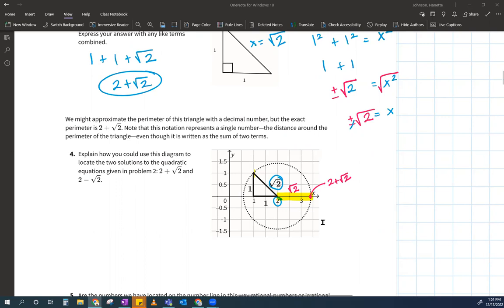Where's 2 minus root 2? If this is 2 plus root 2, where would I find 2 minus root 2? Yes, the left side of the circle. Very good. So this guy right here is 2 minus root 2. Why, Miss Johnson? Because you have that same distance, another radius going to the left, and that radius is √2 long. Does that make sense?